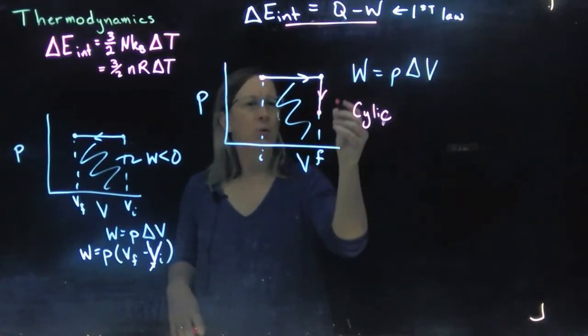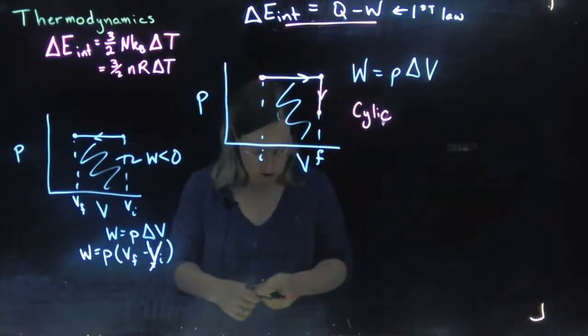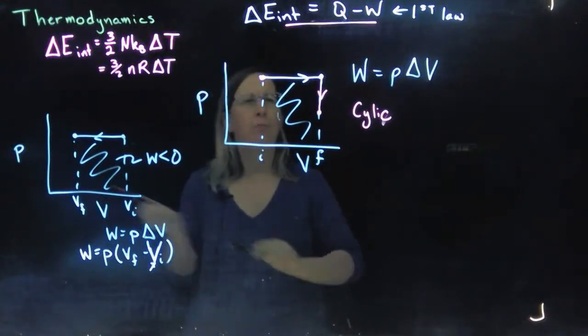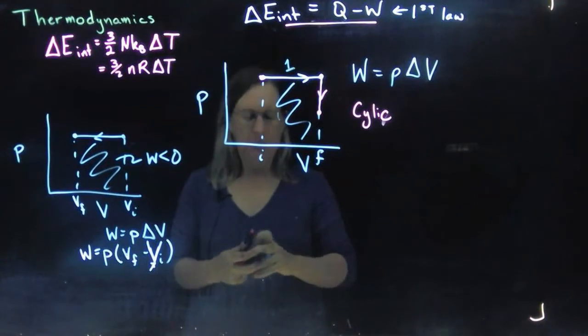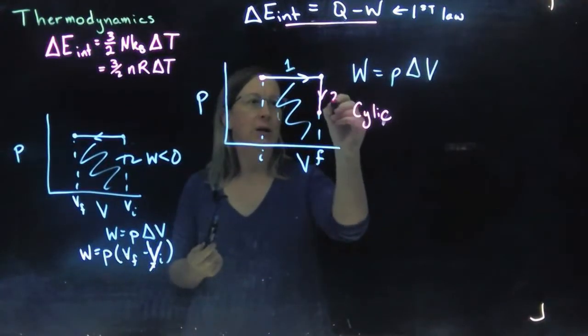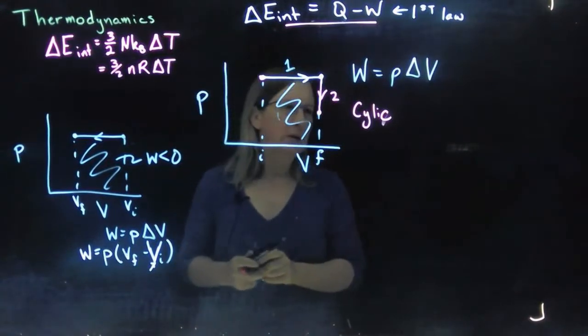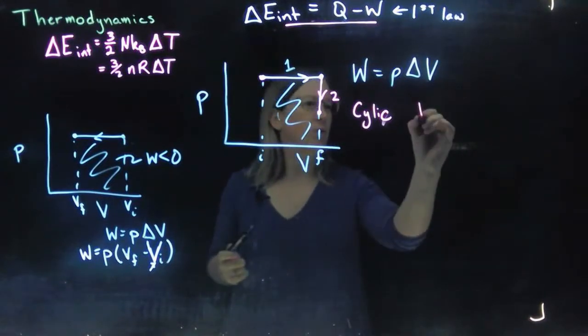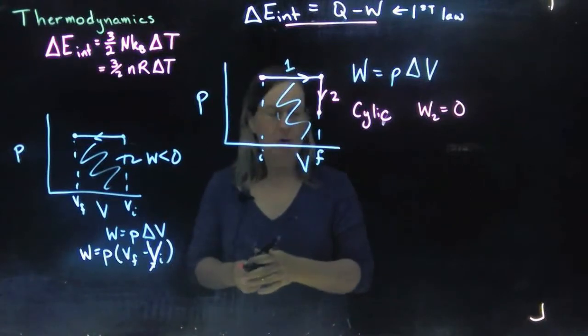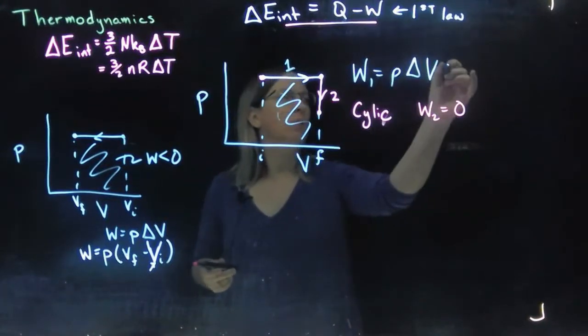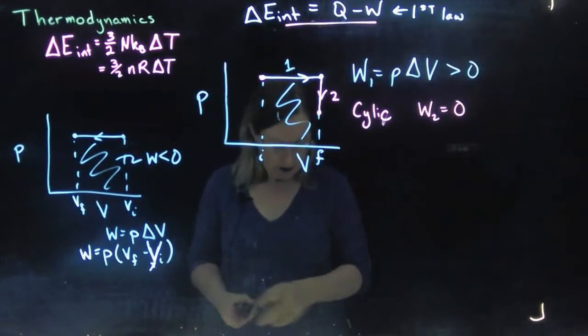This is step 1, and then step 2 like this. The work for step 2 is going to be 0. This is the work for step 1, and that's going to be greater than 0.